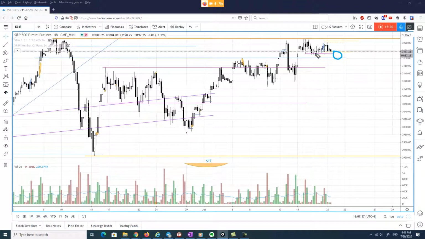And for key levels, I talked about the swing high resistance 3230 and 3220. And immediate support level definitely is the swing low level here. And 3180 is definitely a good level to watch. And if these levels can't hold, then definitely the 3160 or 70 level.